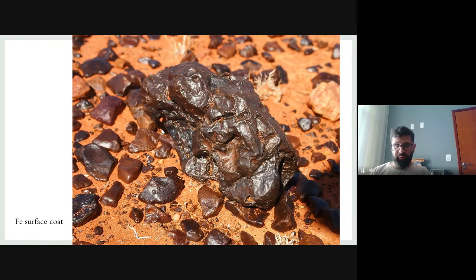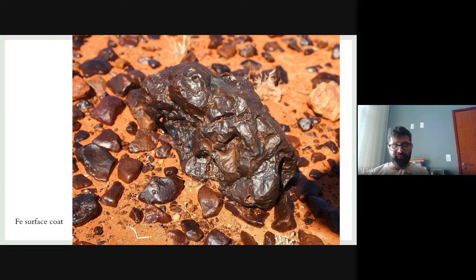It's very common in arid and semi-arid regions. We usually call this varnish, and this varnished surface is quite related to incipient weathering and incipient leaching.